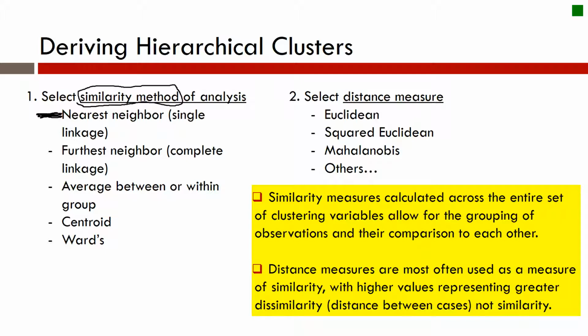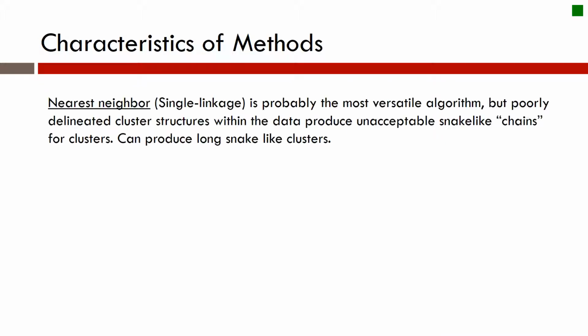There are a whole number of different ways to calculate distance, such as Euclidean squared, Mahalanobis, and so on. So there are lots of different ways to choose, by method or by distance, how the clusters will be formed in a hierarchical sense.